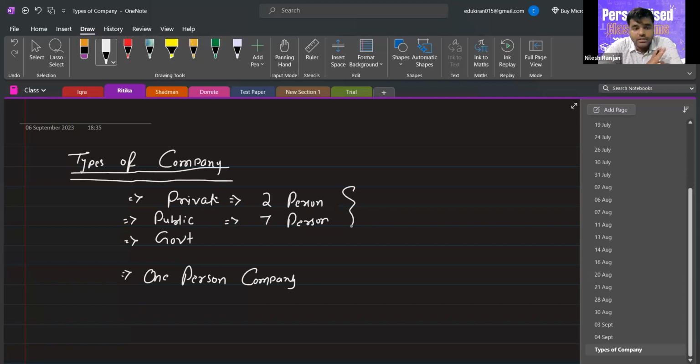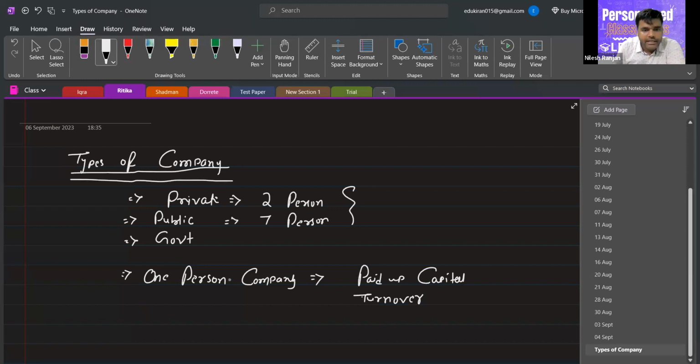Now, by creating this concept of 1 person company, the government has removed this restriction. It is for the benefit of the public, so that you can easily start a company alone. Now, a 1 person company has some specified limit on paid up capital, means the amount of capital that you can invest in the company, and their turnover.